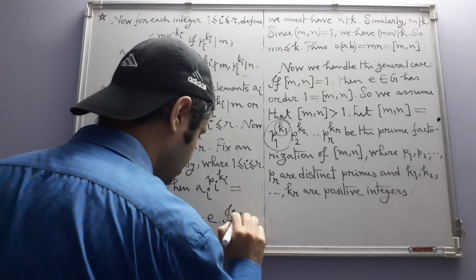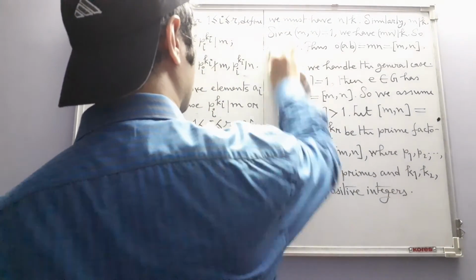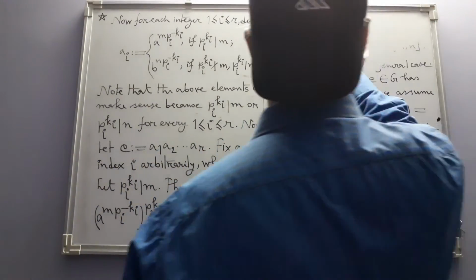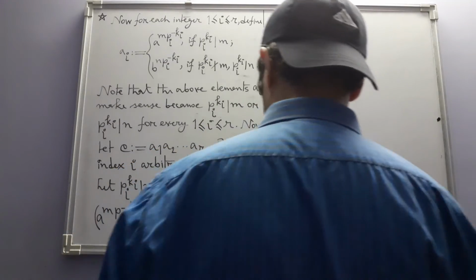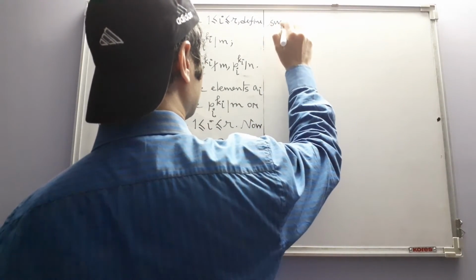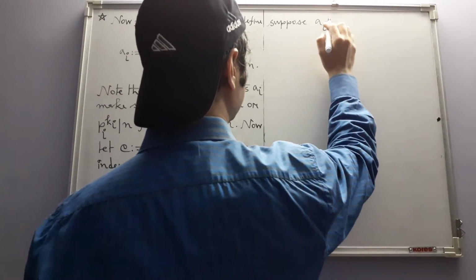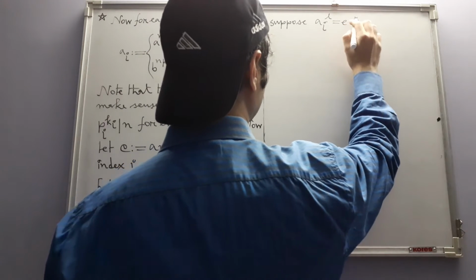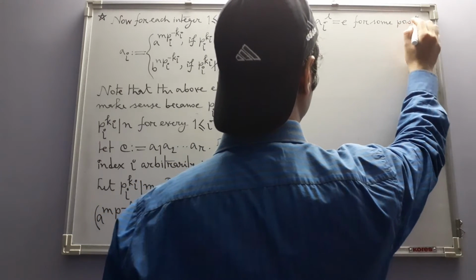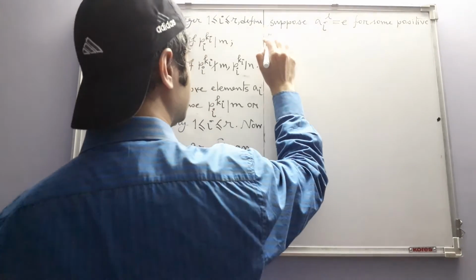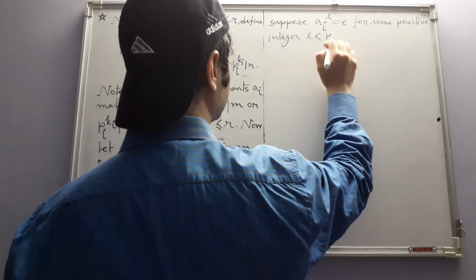Now suppose that a_i to the power l is equal to e for some positive integer l less than p_i to the power k_i.